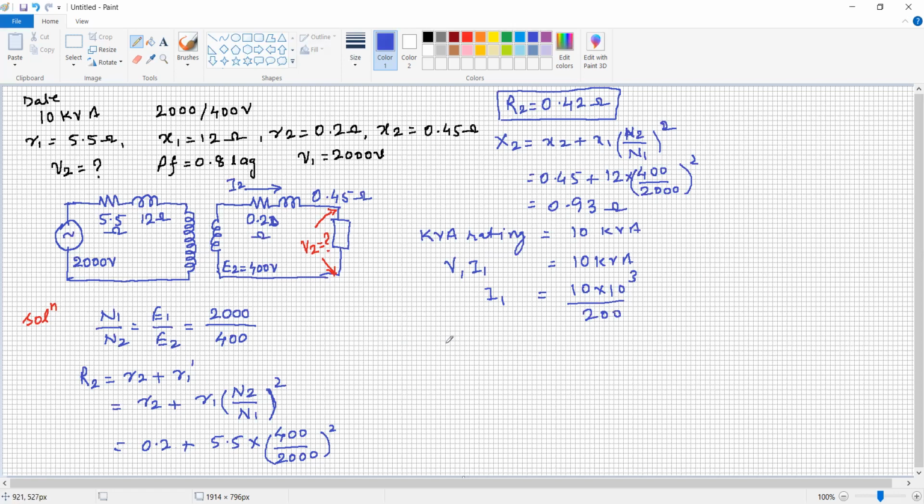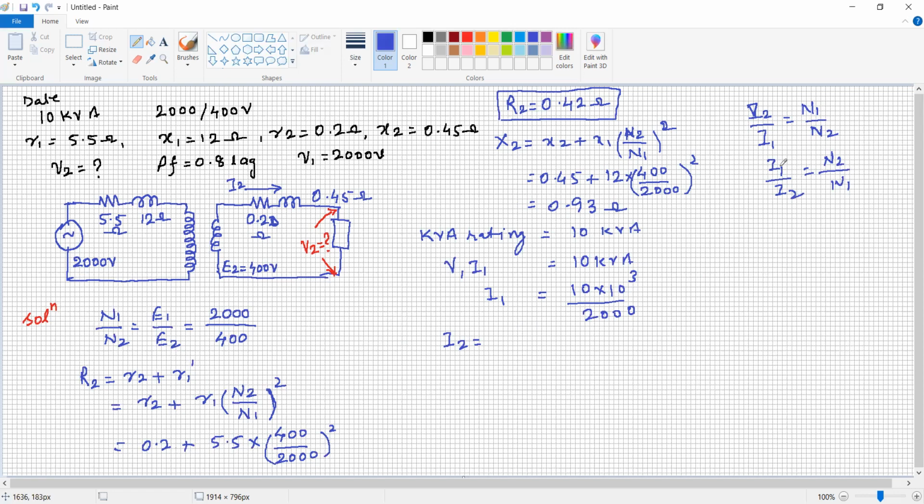Okay. Now what is the value of I2? I2 upon I1 is equal to N1 upon N2, or I1 upon I2 is equal to N2 upon N1.